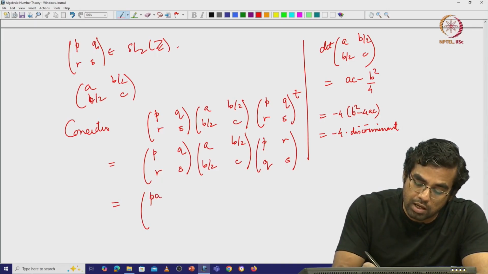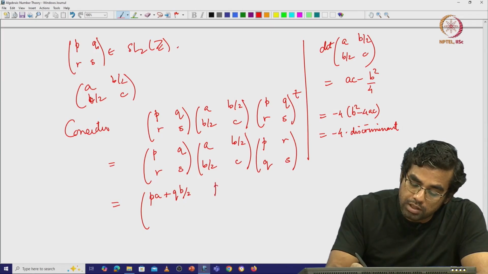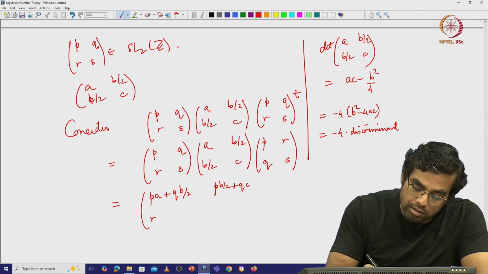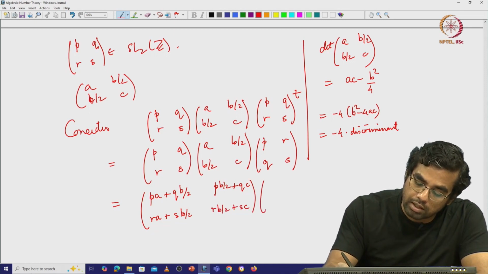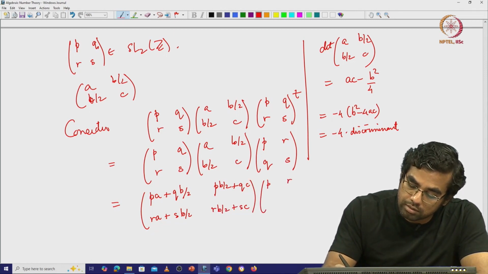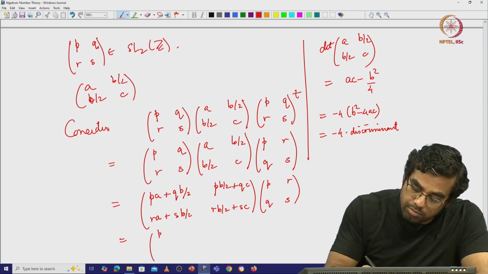This is (pa + qb/2, pb/2 + qc; ra + sb/2, rb/2 + sc), and then (p, r; q, s). So this thing you can write as p²a + pq b/2.